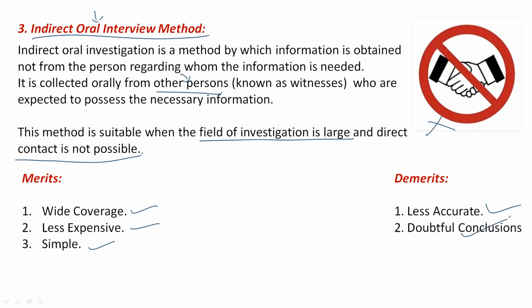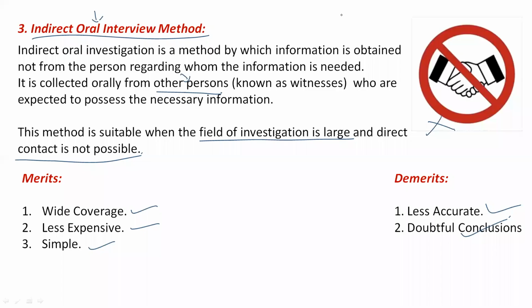When the information is provided by some other person, there are the chances that the conclusions can be doubtful because the information which is provided may not be very reliable. These are the merits and demerits of the indirect oral interview method.